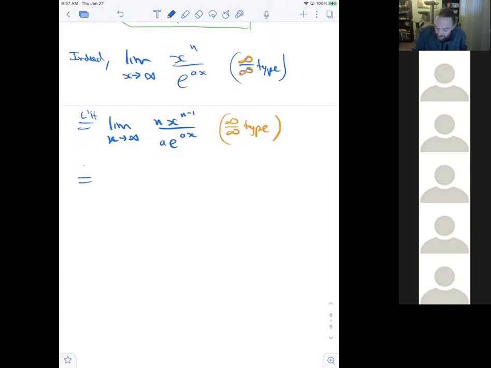By L'Hospital's rule, this is equal to the limit as x approaches infinity of n times n minus 1 times x to the n minus 2 over a squared e to the ax. Those are just numbers. x to the n minus 2 still goes to infinity, e to the ax still goes to infinity, even when multiplied by numbers. So this is once again infinity over infinity type.